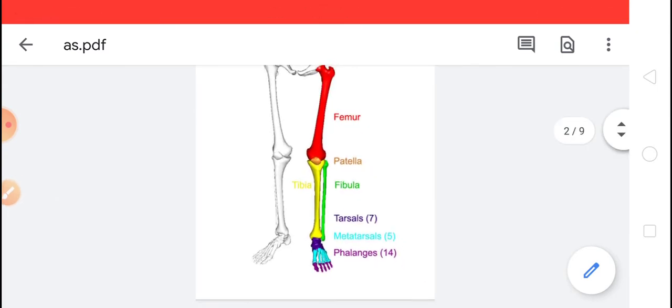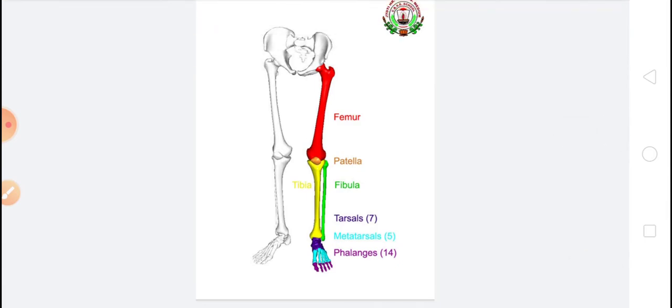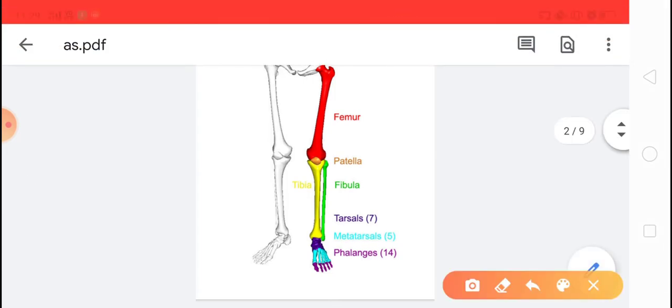These long bones of the leg, the femur, tibia and fibula, are long bones of our body, and inside these long bones soft, spongy material is present.